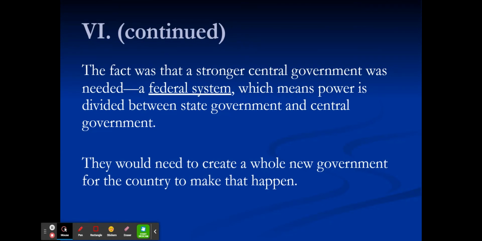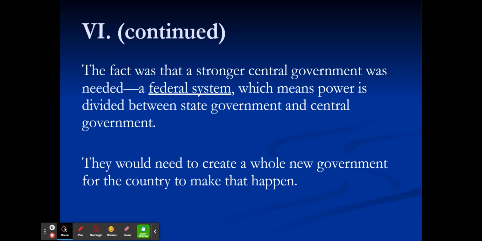Even so, the fact was that a stronger central government was indeed needed. A new government that was called a federal system, meaning the power would be divided between the state government and a central government, right, running the whole country.